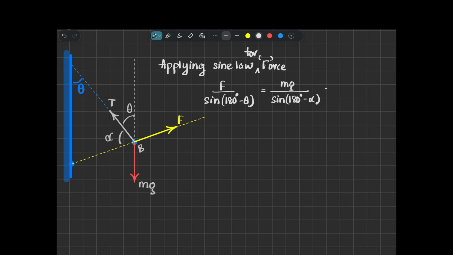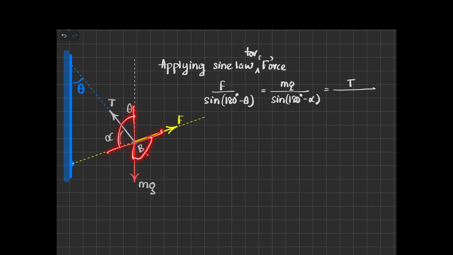For the third term, I need tension, tension by sine of the angle between the other two forces. The angle between the other two forces is this much, which will be alpha plus theta, because from this diagram we can see this angle and this angle are the same, as they are opposite angles.